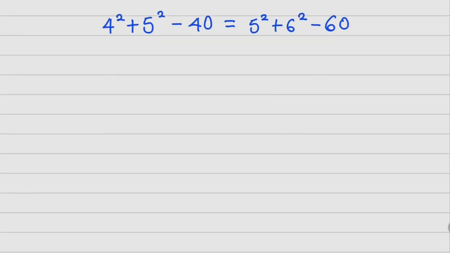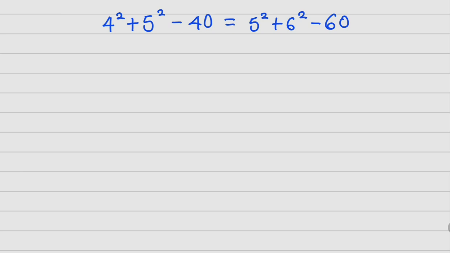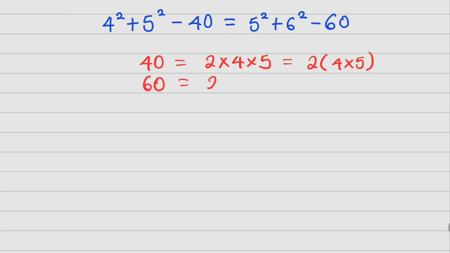Now, remember I said they are special, the 3 consecutive numbers. Because they are special, 40 can be written as 2 times 4 times 5, which is the same as 2 into 4 times 5. Also 60 can be written as 2 times 5 times 6, which is 2 into 5 times 6.